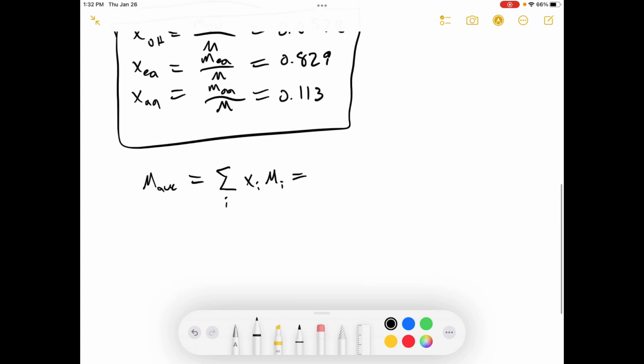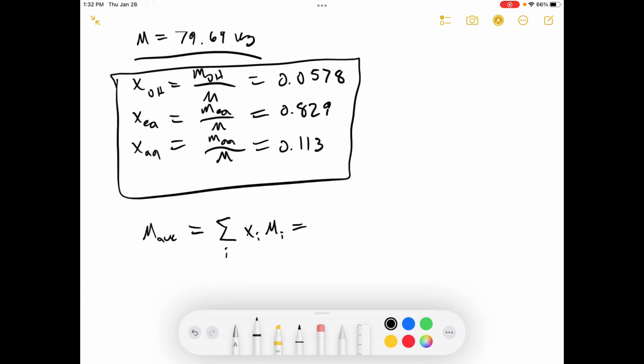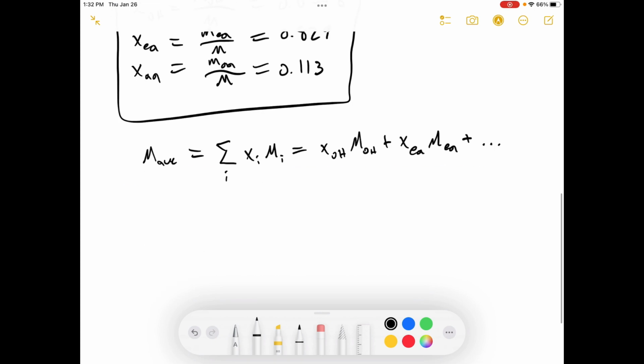So for the first one, I can write it out: X_OH times the molecular weight of OH, plus X_A times the molecular weight of EA, plus the last term.